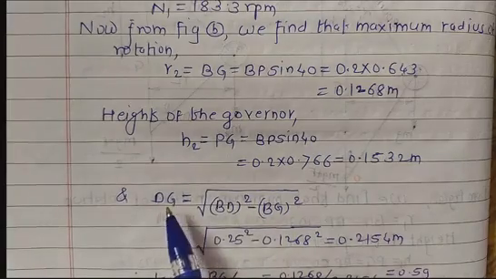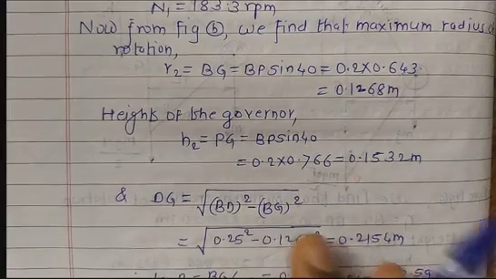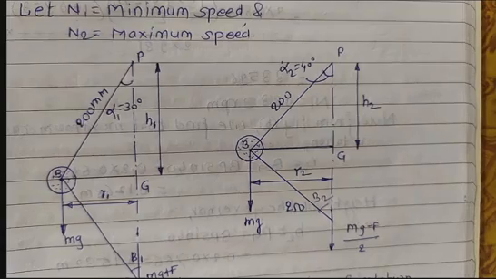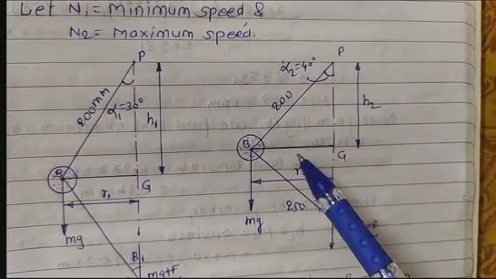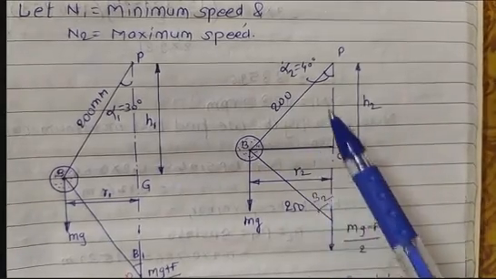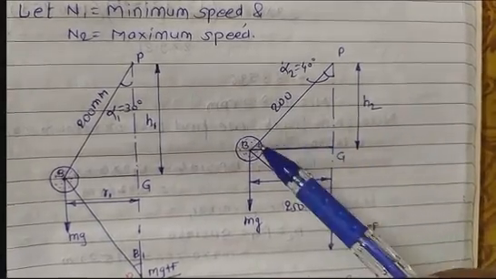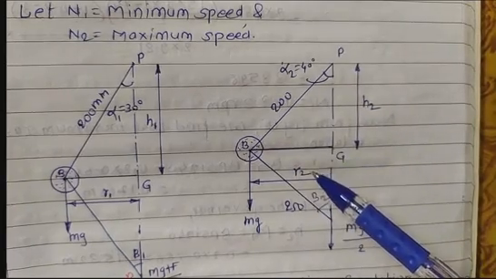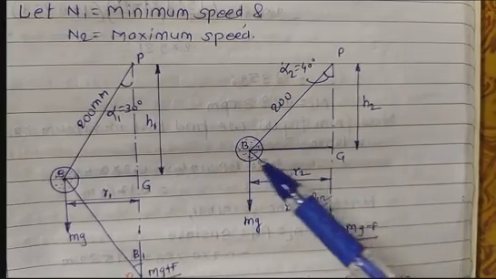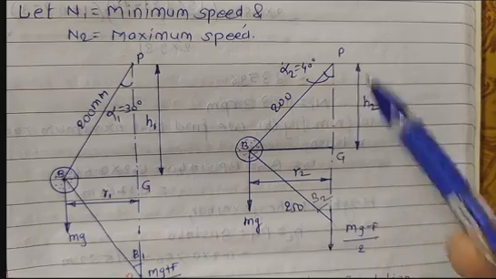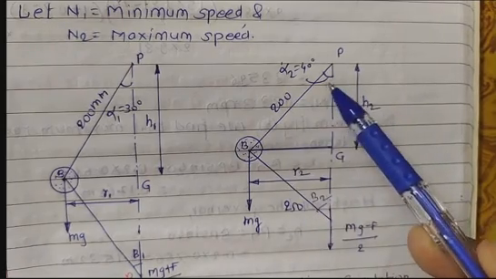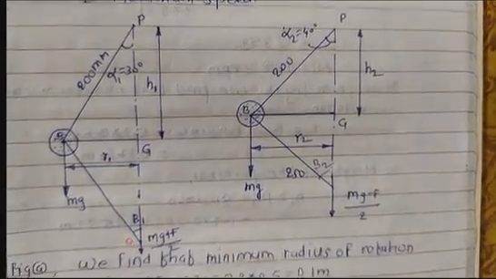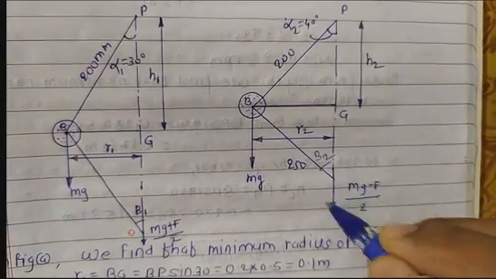Then use the Pythagoras theorem once again. By considering the maximum position, you can get the value for r2 by considering this triangle BPG. So what about this r2? You can get r2 in terms of BG, which is nothing but BP sine of 40, and similarly you can get DG here.